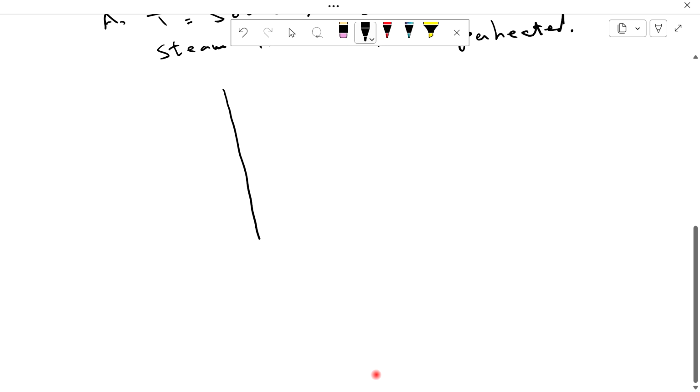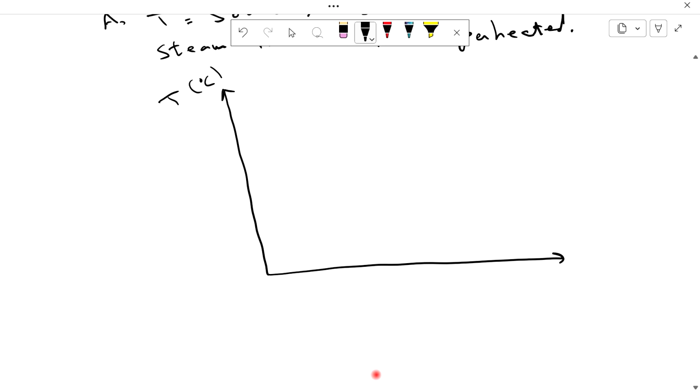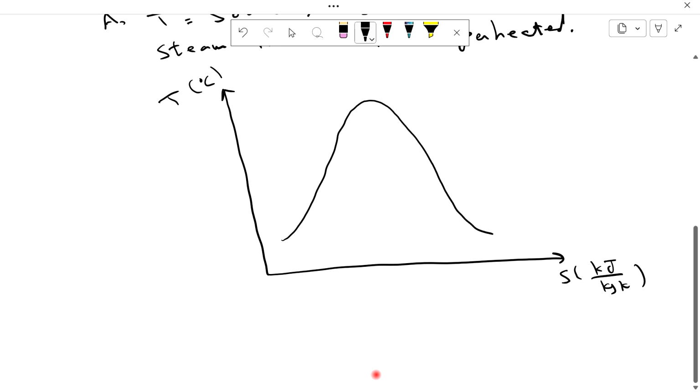So the TS diagram for this is: temperature in degrees centigrade and entropy in kilojoule per kilogram per Kelvin. This is the saturation curve. Initially the steam is superheated, and finally, in the real or actual process, entropy increases from S1 to S2.